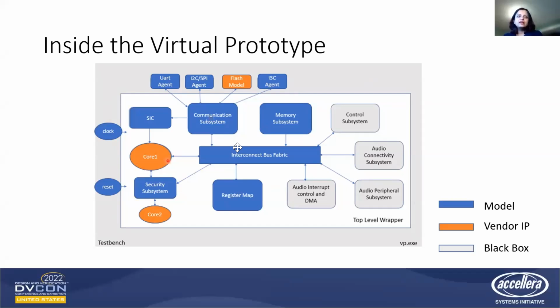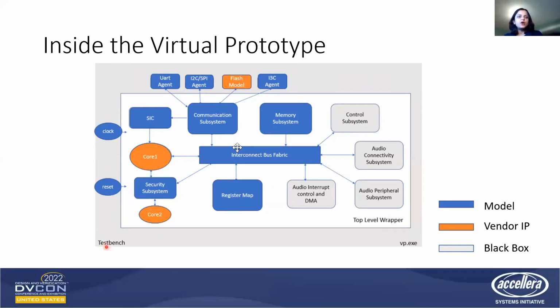We can then develop individual models and instantiate them in a top-level wrapper. Now, this top-level wrapper can be further instantiated in the test bench, along with necessary clock and reset connections. The external vendor IP can then be connected separately according to the design specifications.